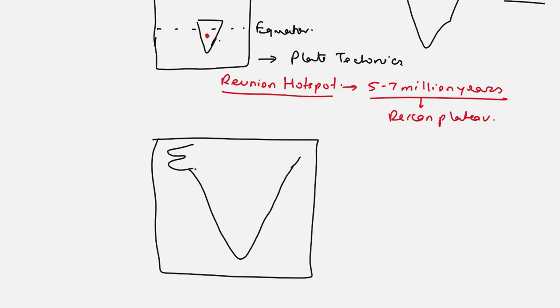When we talk about the rifting process, major rifts were formed. For example, rifting occurred in the western part. There was another rift here. You might be aware of the western flank of coastal India.